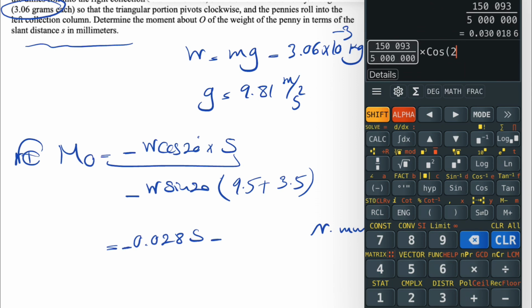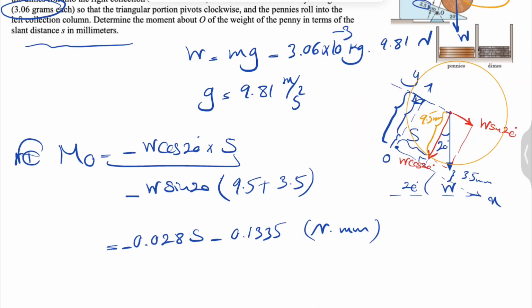In the second one, we multiply the weight by sine of 20, and also we have 9.5 plus 3.5, which is going to be 13. This gives us minus 0.1335. Since we have a negative sign, that shows that our moment is clockwise.